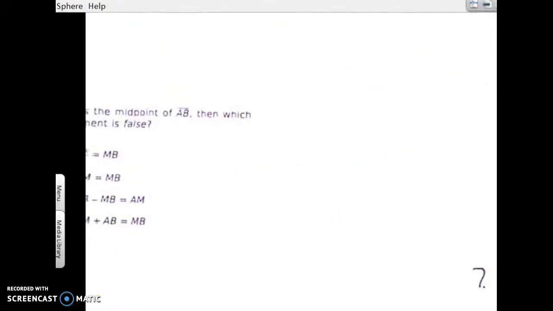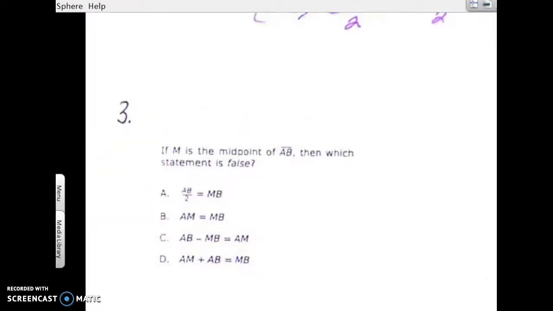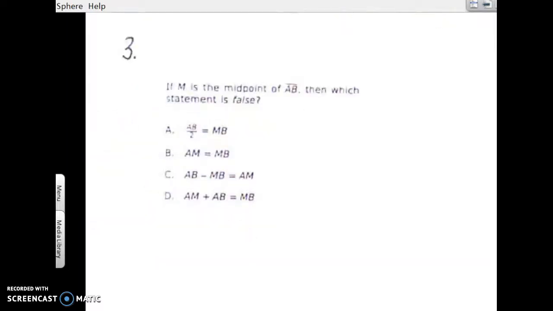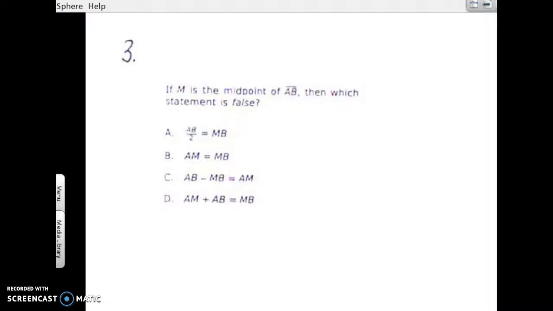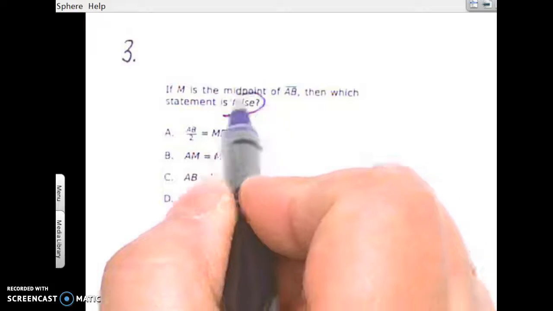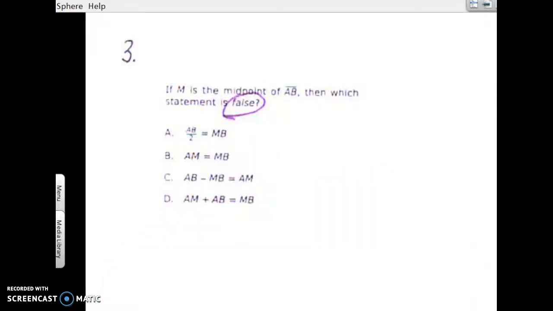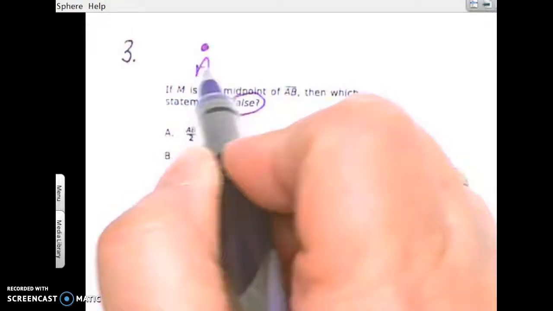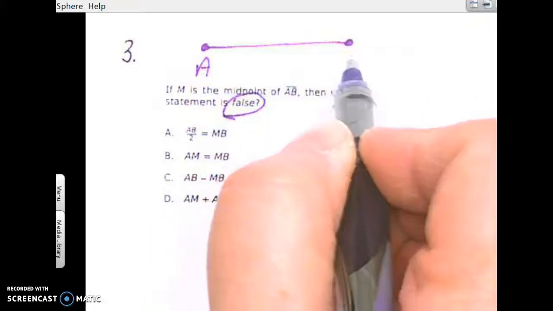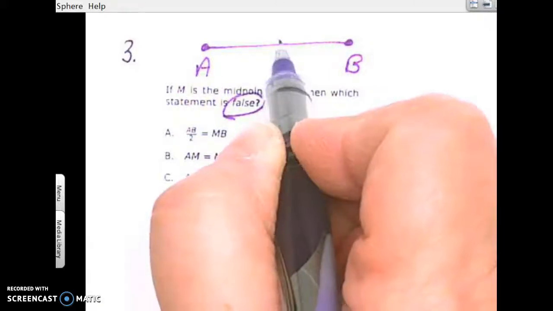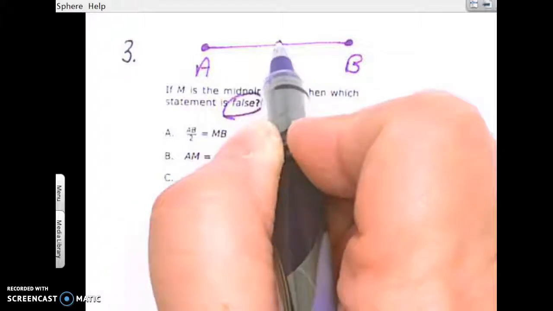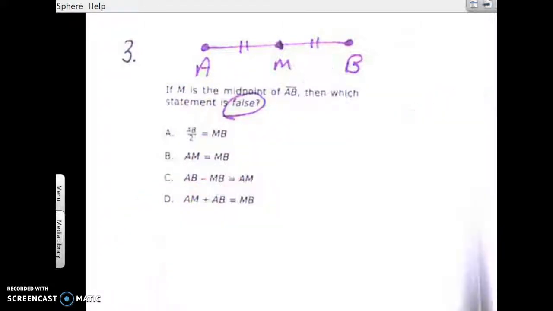When I look at problem number 3, if M is the midpoint of segment AB, then which statement is false? If I know I have a midpoint, that means if I've got a segment going from A to B, M is exactly in the middle, and this half of the segment and this half of the segment are congruent.